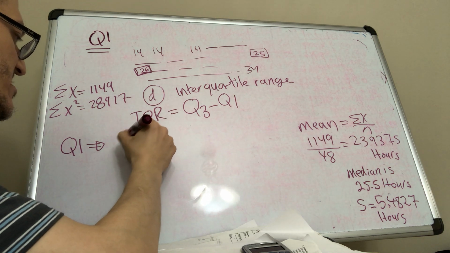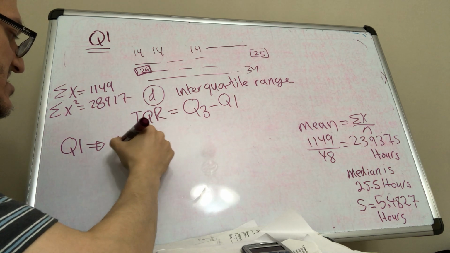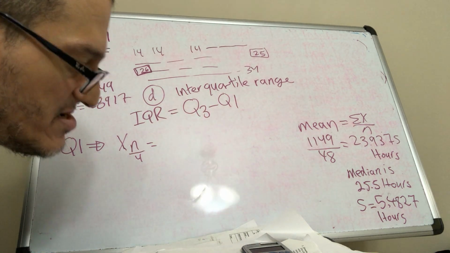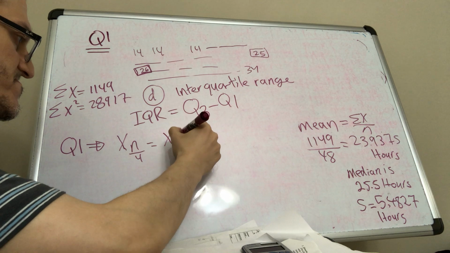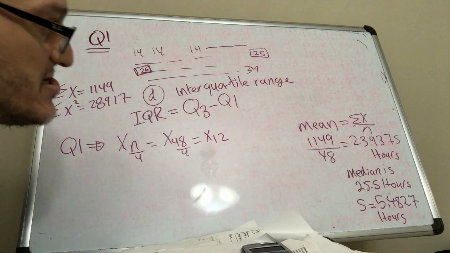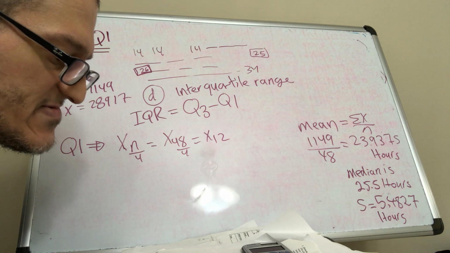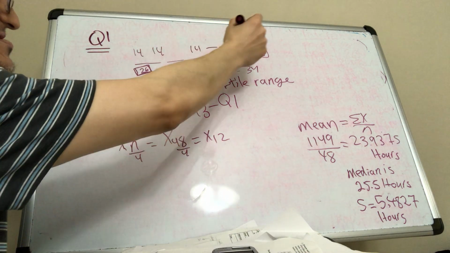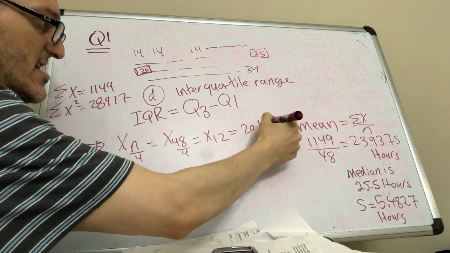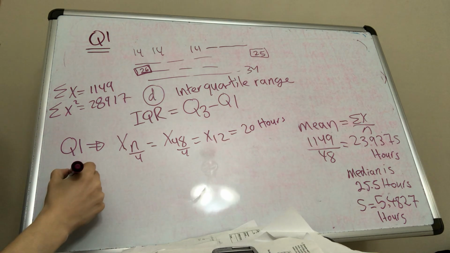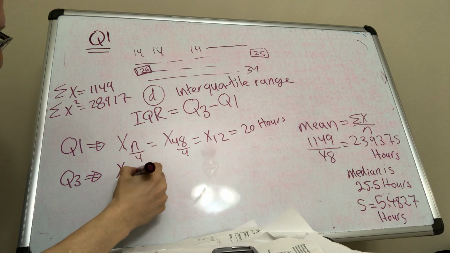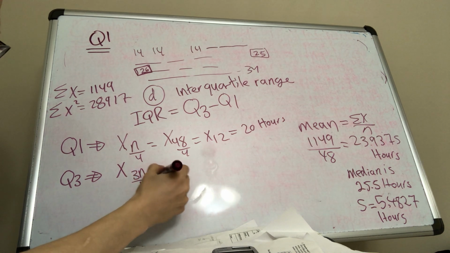Q1, she usually says it's the number that's in position n over 4. There are 48 numbers over 4, so you need the number that's in position 12. And we know that at the end of the first line, that number is 20 hours. And for Q3, she uses 3n over 4.